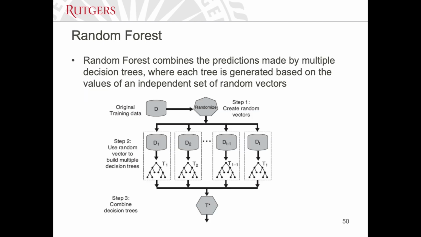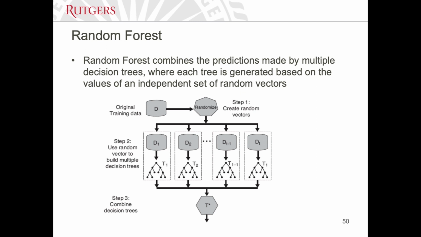The next classifier we will discuss is called random forest. Random forest is a class of ensemble methods specifically designed for decision tree classifiers. It combines the predictions made by multiple decision trees, where each tree is generated based on the values of an independent set of random vectors.